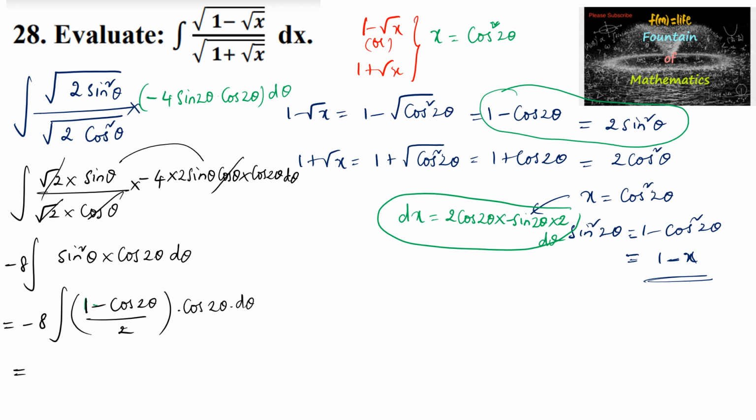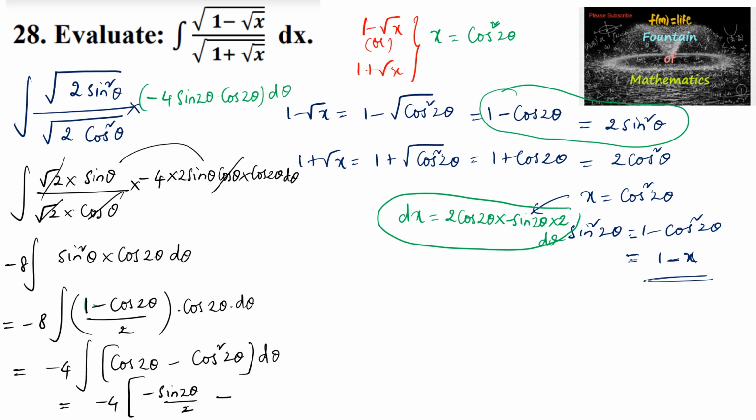So that is minus 4 times the integral of cos 2 theta minus cos square 2 theta d theta, which is equal to minus 4 times the integration of cos 2 theta, which is sin 2 theta upon 2, minus the integral of cos square 2 theta.